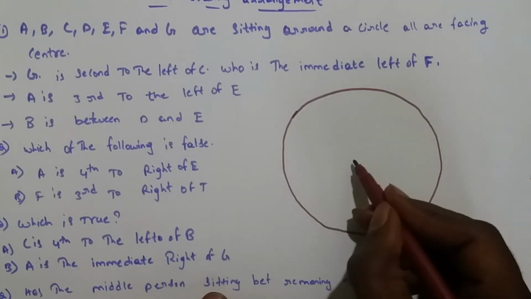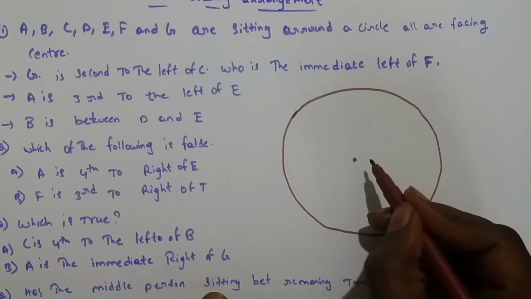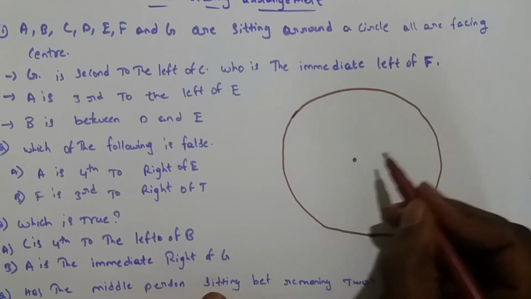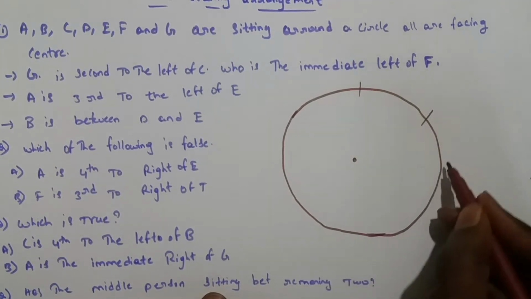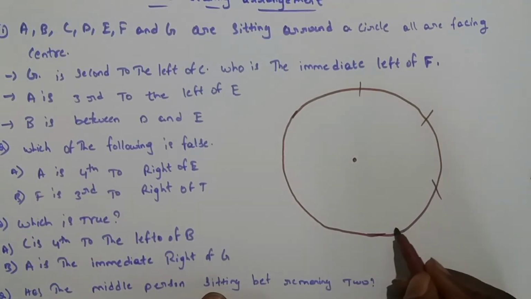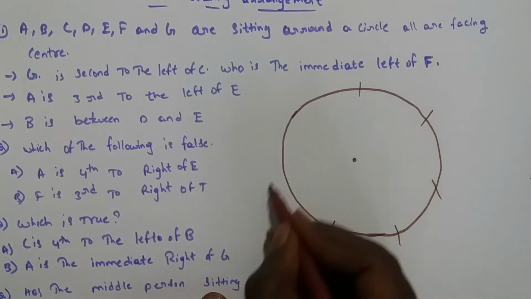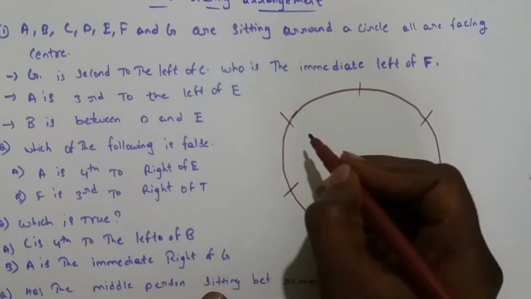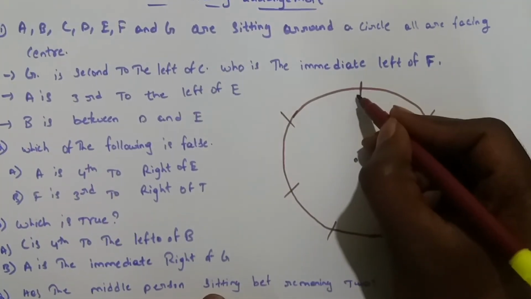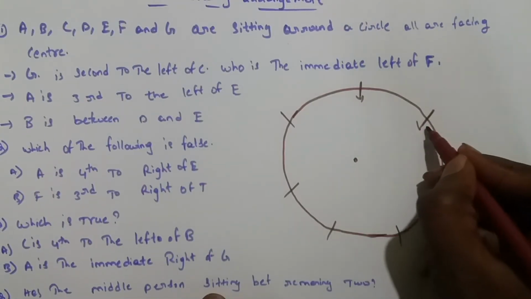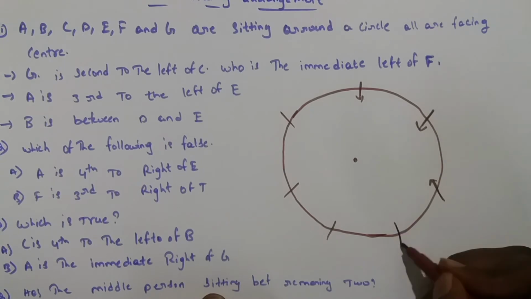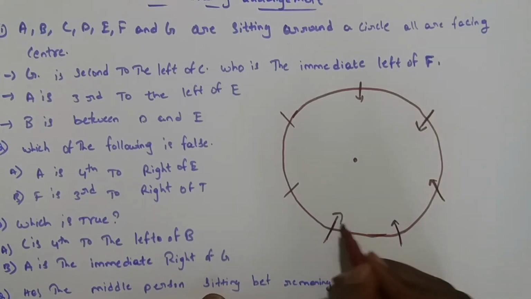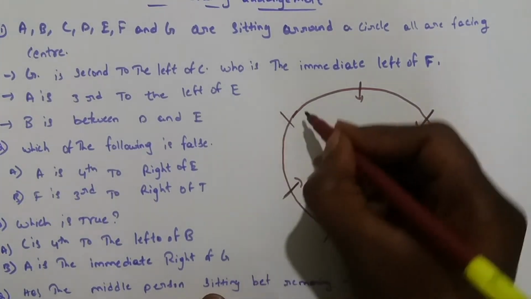Total there are 7 people sitting around a circle, 1, 2, 3, 4, 5, 6, 7, and these all are facing towards the center.